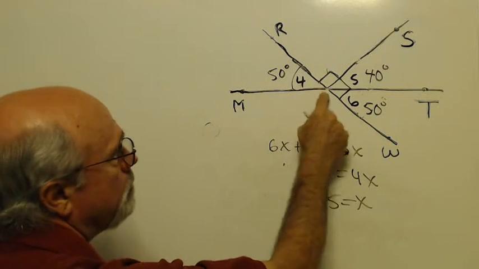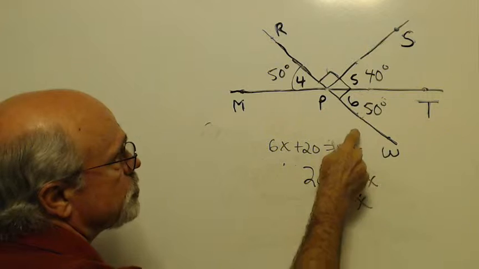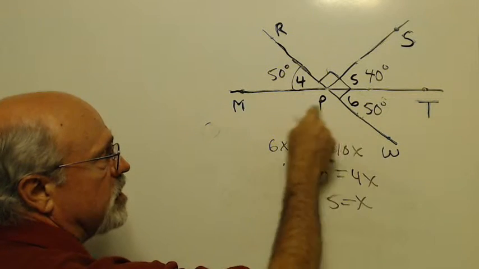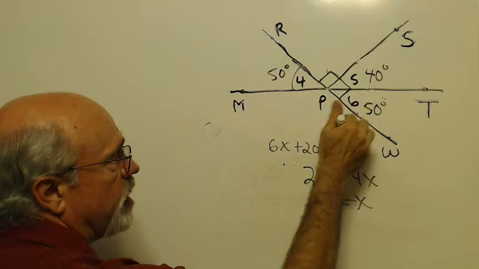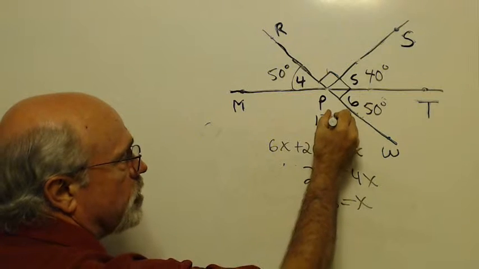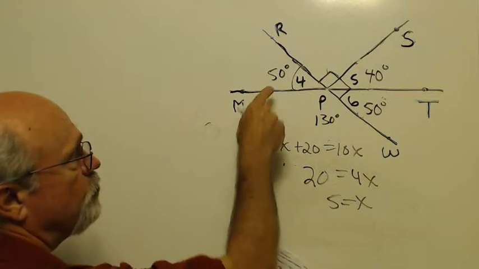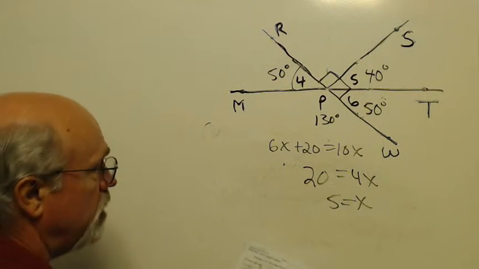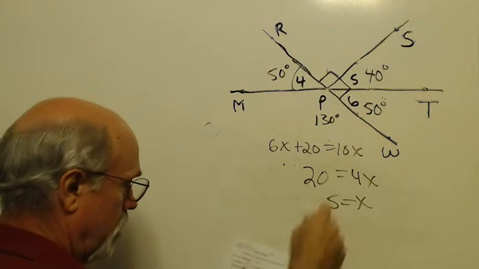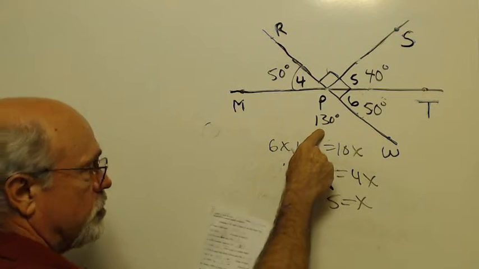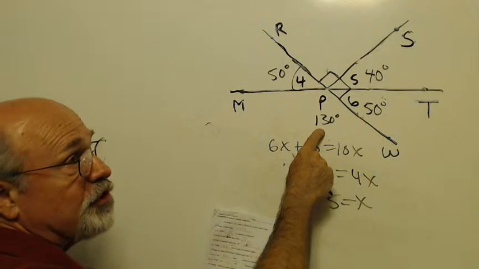That means angle MPW is the rest of 180 because it formed a linear pair with the 50-degree angle, so it has to be 130. So the answers are part A, the measure of angle 4, 50. Part B, the measure of angle 6, 50. And part C, the measure of angle MPW, 130.